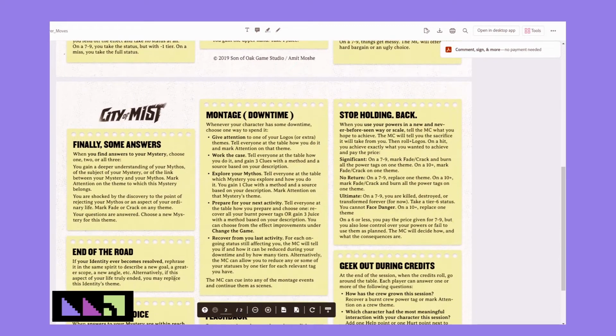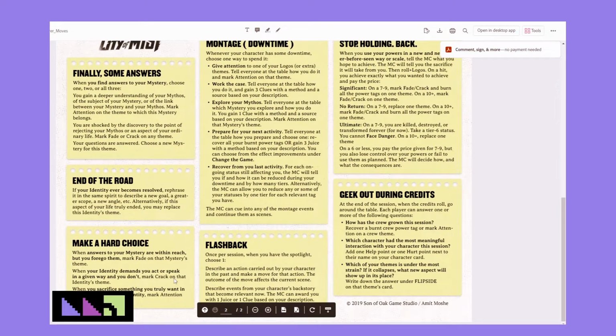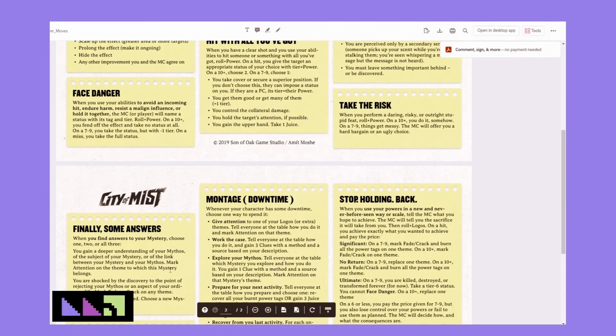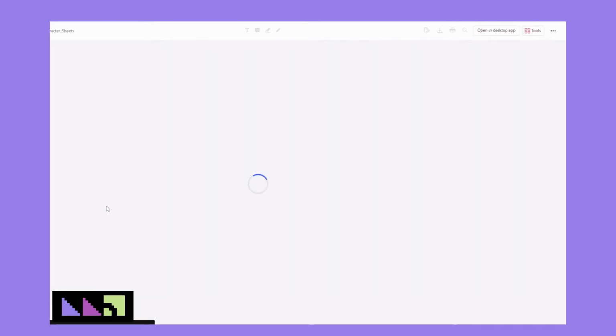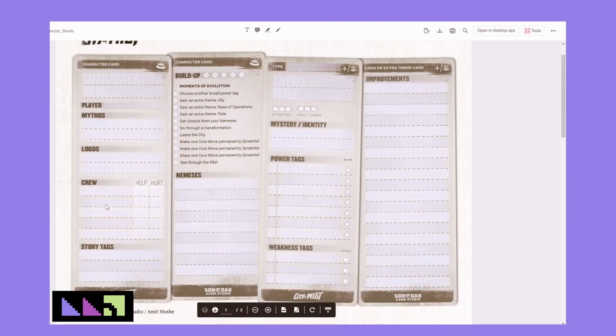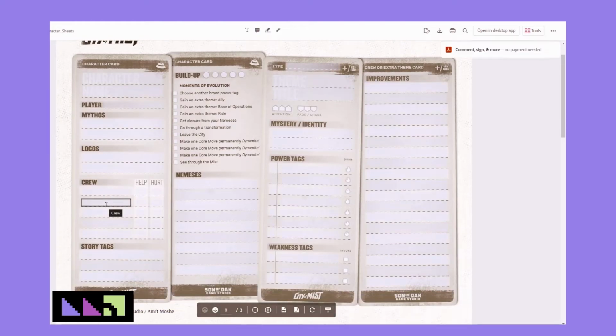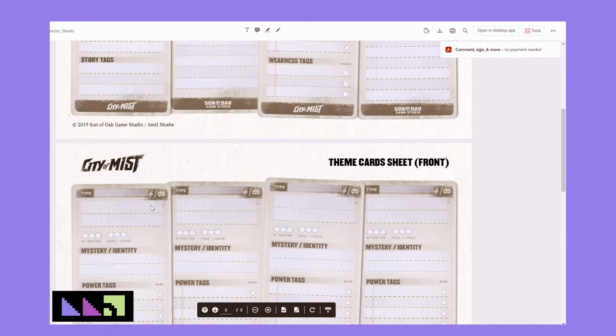Now, with things like Stranger Things and D&D 5th edition being simplified much more than it was before, I think they're moving into a phase where they're attracting new gamers again.